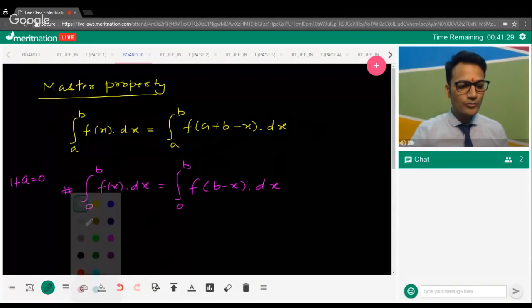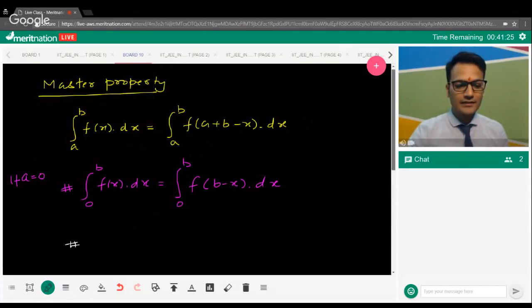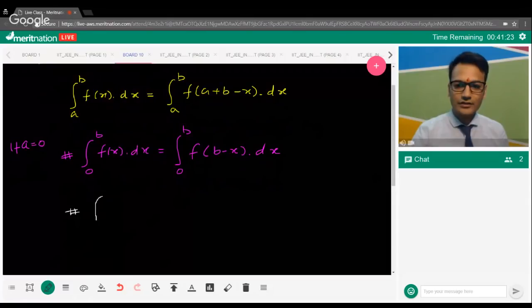It can also be modified to one more form. See, if the limits are from minus a to a of f(x) dx, then by applying the same property, what will we get? It'll be the integral from minus a to a of f(a minus a minus x).